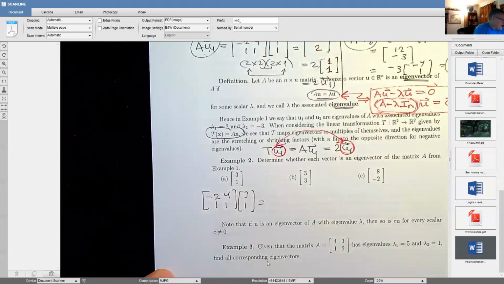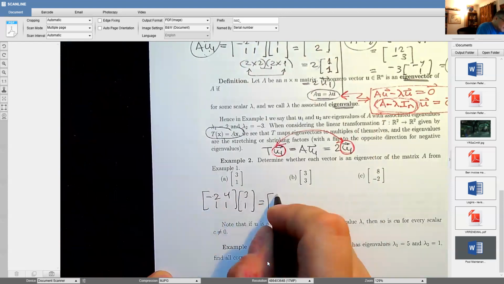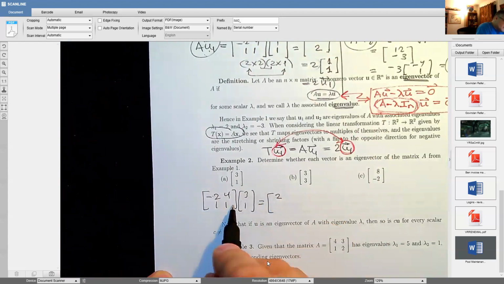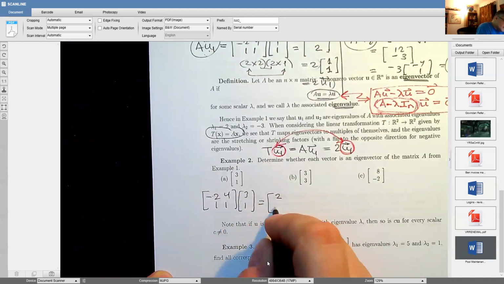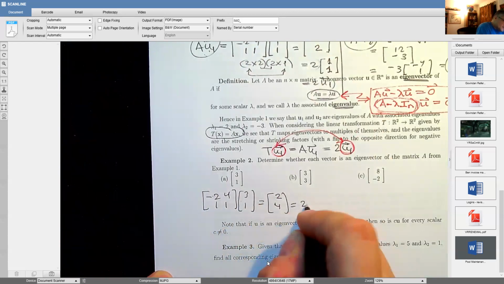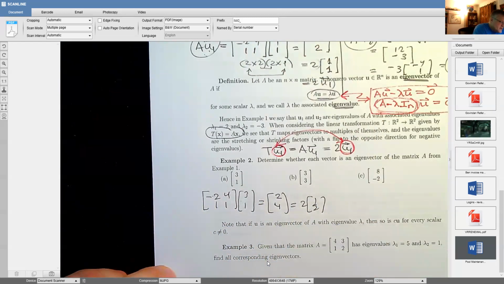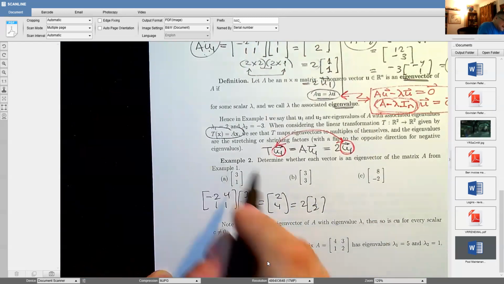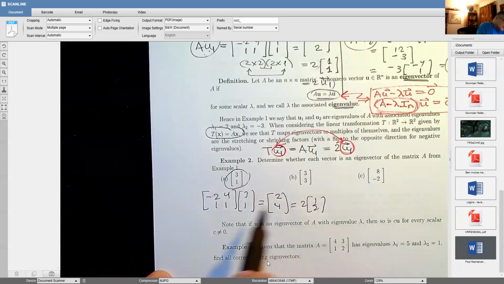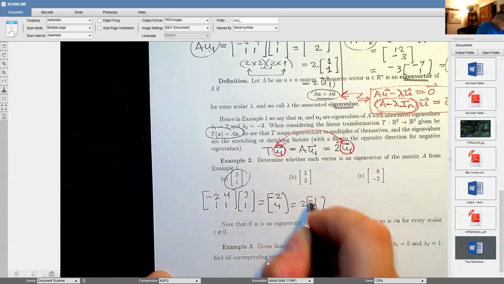If I do that multiplication, row by column, negative 6 plus 4 is negative 2, 3 plus 1 is 4. I can pull a 2 out, but that's 2 times the vector negative 1, 2. That is not a scalar multiple. Oh, that should be a negative 2.